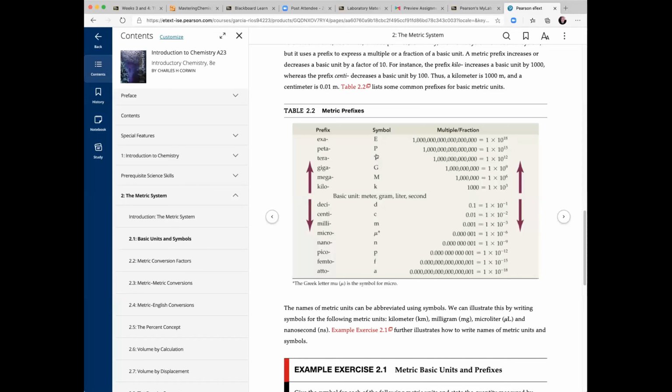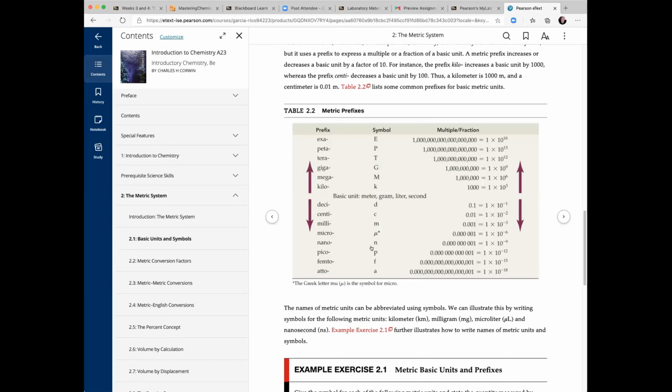In other words, a tera, a peta, a giga is going to be much bigger than the base unit of the meter, gram, or liter. And the units on the bottom are tiny, tiny units.